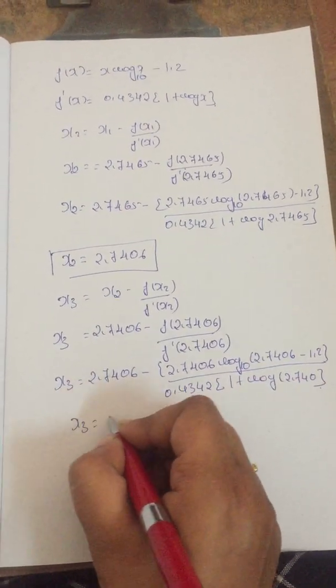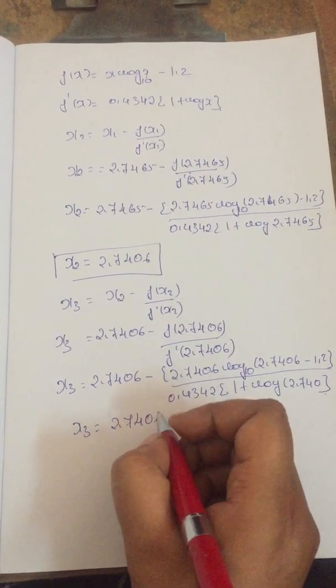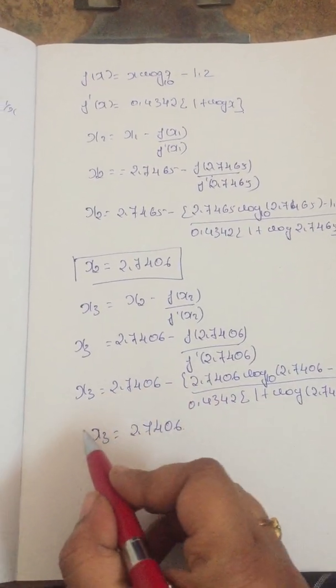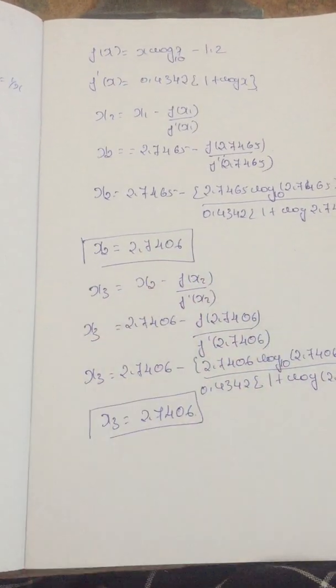Simplifying, we get x3 as 2.7406. Comparing these values, they are almost the same.